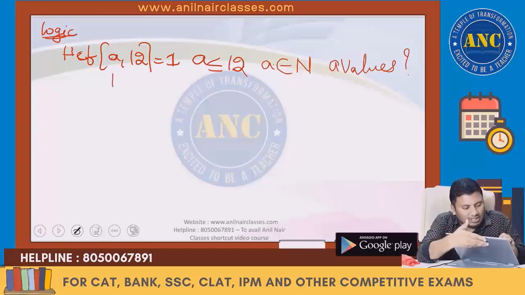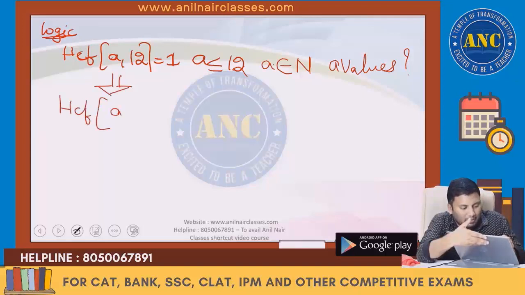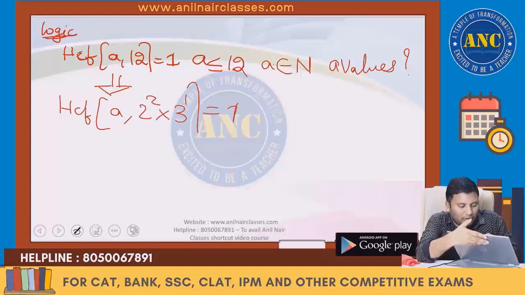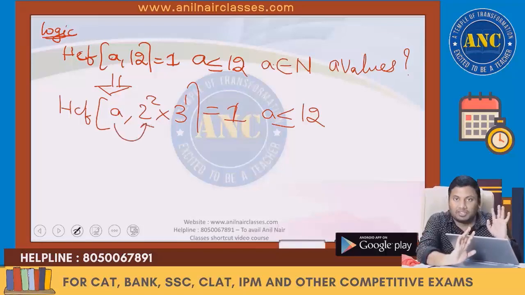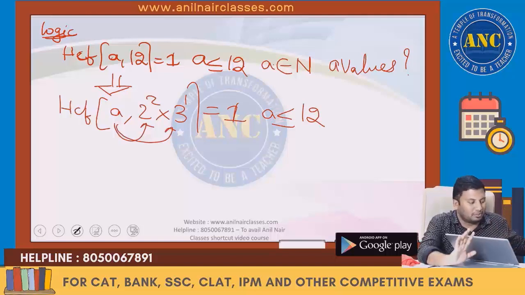Now this is nothing but HCF of A comma 2 square into 3 power 1 equals 1, with A less than or equivalent to 12. If two numbers have HCF 1, that means the two numbers are coprime to each other. Coprime means A cannot be divisible by 2 and A cannot be divisible by 3.